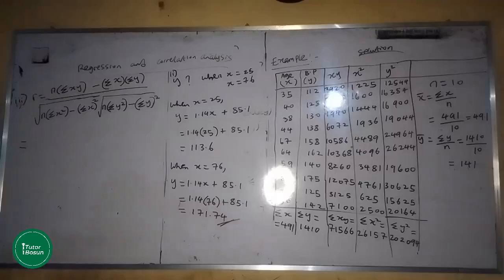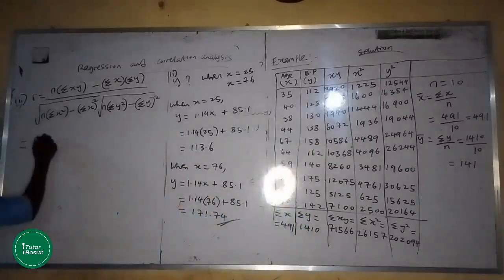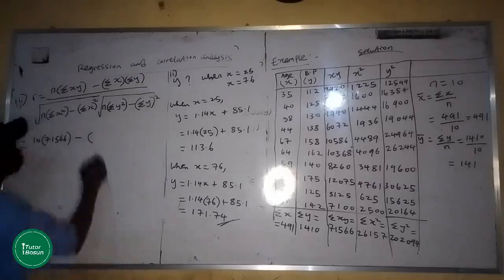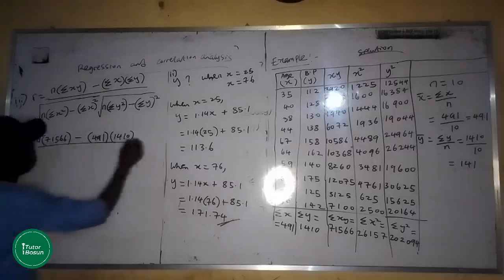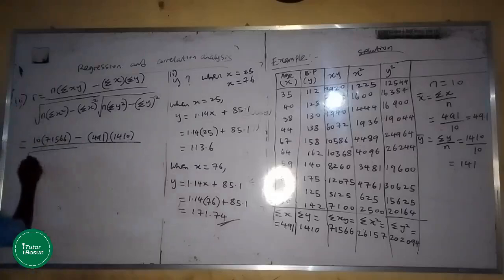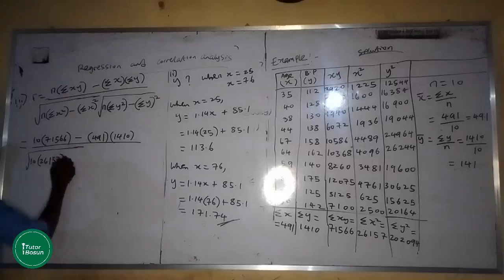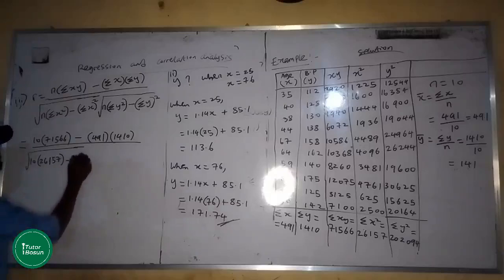So in this situation, our R will give us n times summation xy, which is 71566, minus summation x, which is 491, into our summation y, 1410, divided by the square root of n into summation x squared, which is 26157, minus the square of summation x, 491 squared.